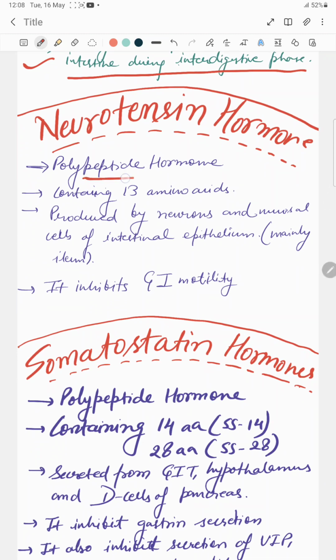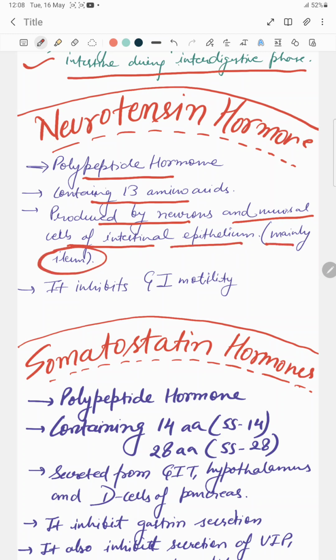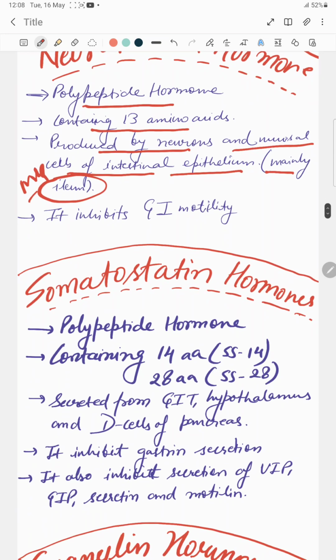This is also polypeptide in nature. It contains 13 amino acids, produced by neurons and mucosal cells of the intestine, mainly in the ileum. So this is also an MCQ based question: it is released from the ileum.